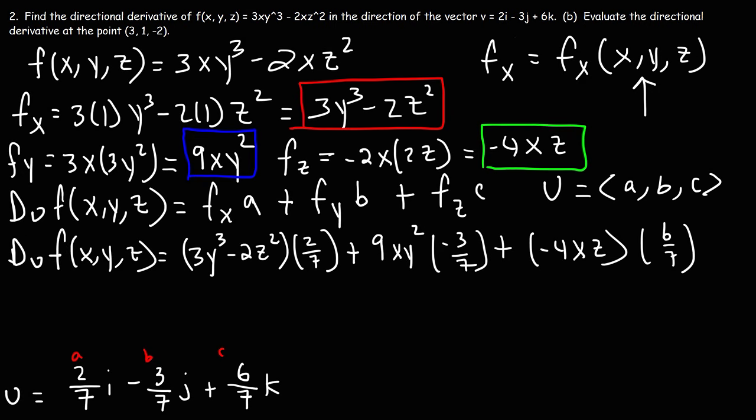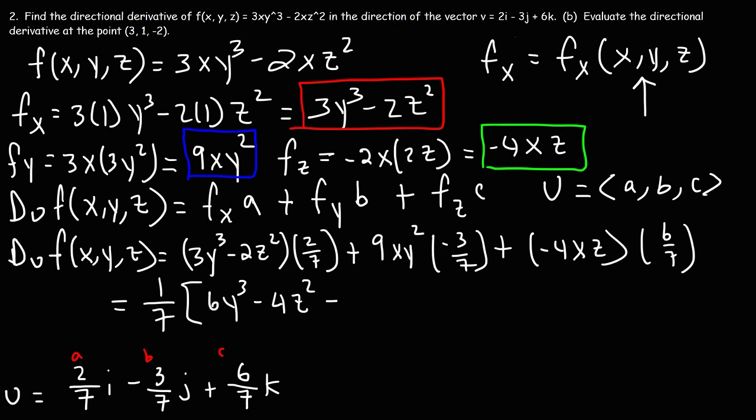Now, just to reduce the number of fractions, I'm going to factor out 1 over 7, since every term has a 7 in the denominator. So it's going to be 1 over 7, and then it's 3y cubed times 2, so that's 6y cubed, and then 2 times negative 2z squared, that's negative 4z squared.